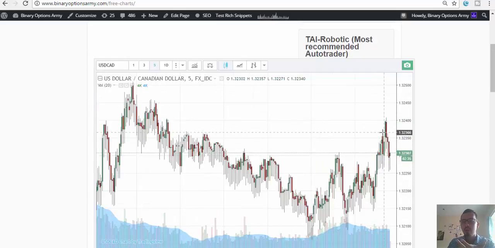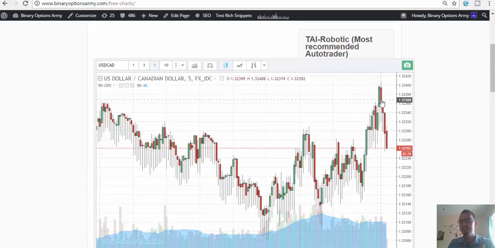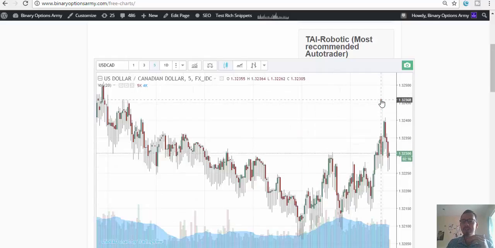When the resistance is broken, it becomes our support, but our resistance was not broken in here. These 2 candles, you see these 2 bodies, were on the line. The new candle did not open above our resistance line, which means it's not our support, and if it's not our support, it's still our resistance.